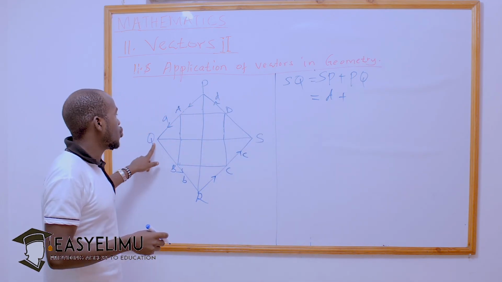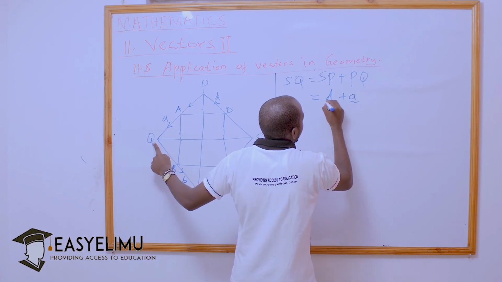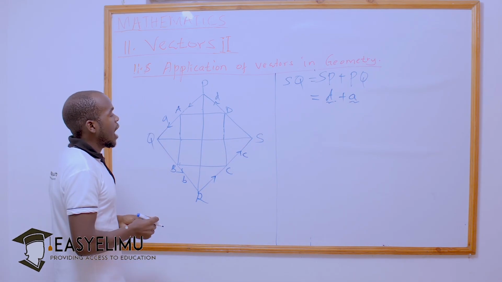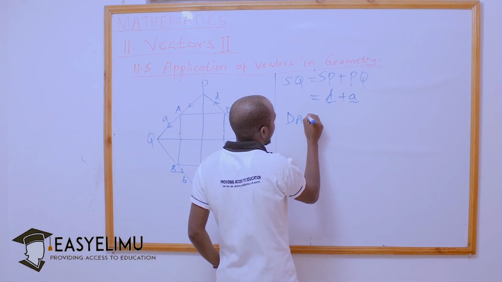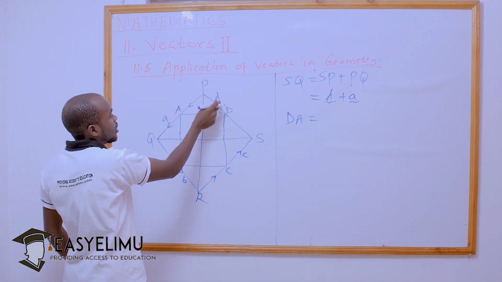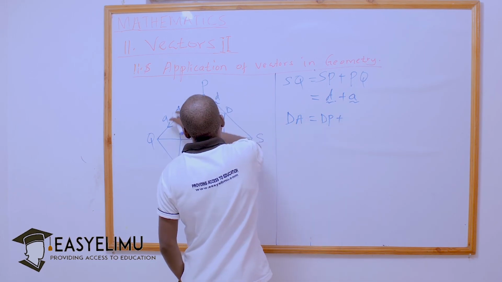We are having PQ as A, vector A. So if that is the case, that is what we are going to find as SQ. And we can also find DA, as DA will be obtained by taking DP plus PA.